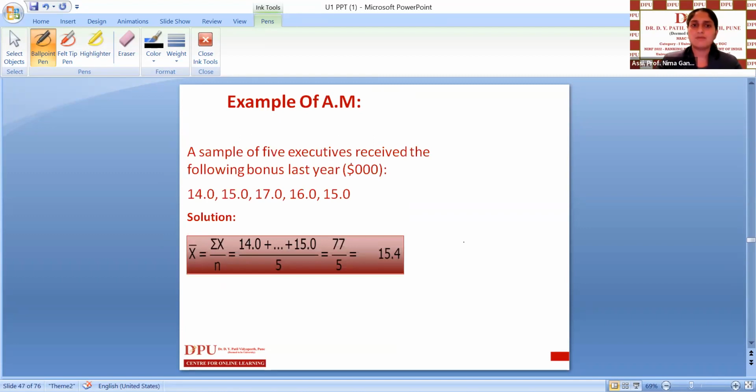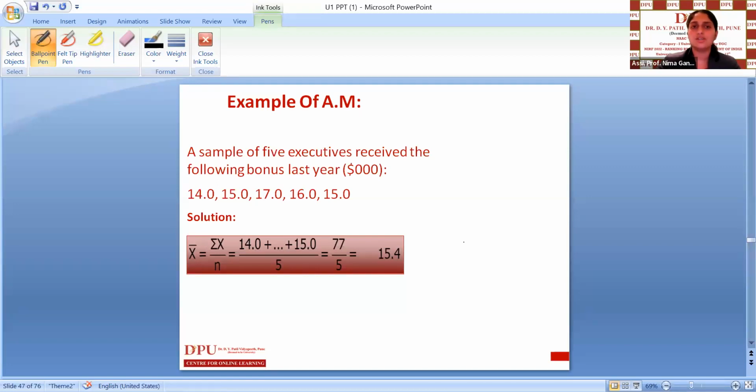So this is the example. A sample of 5 executives received the following bonus last year in $1,000: the first observation is $14,000, then $15,000, $17,000, $16,000, and $15,000. You are expected to find out the average bonus received.